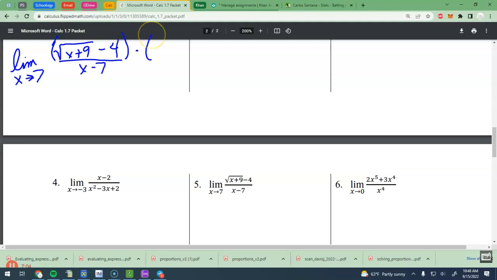I'm going to multiply by what's called the conjugate of that, which is you write down this term and this term the exact same. You just change that to a plus. Or if this were a plus, you make it a minus. So I'm going to multiply by root x plus 9 plus 4. If I do it to the top, I've got to do it to the bottom also, right?